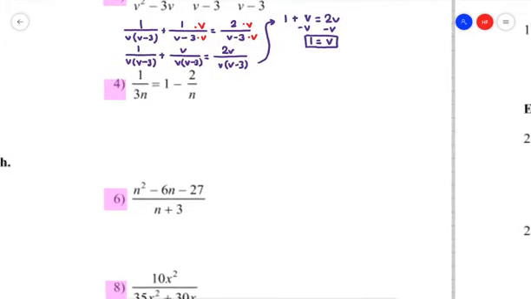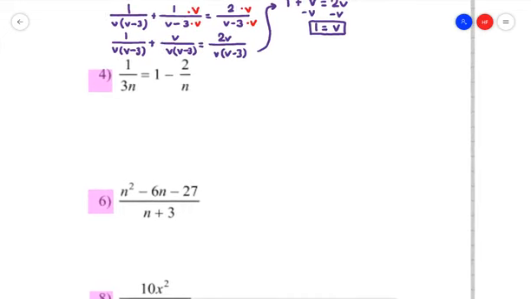Then on number 4, we have the same type of problem. We've got a rational equation, and we have two different denominators and then a whole number. In order for them to look the same, I need this one to multiply by a 3 on top and on bottom, and this one needs to multiply by a 3n because it's missing both of those.